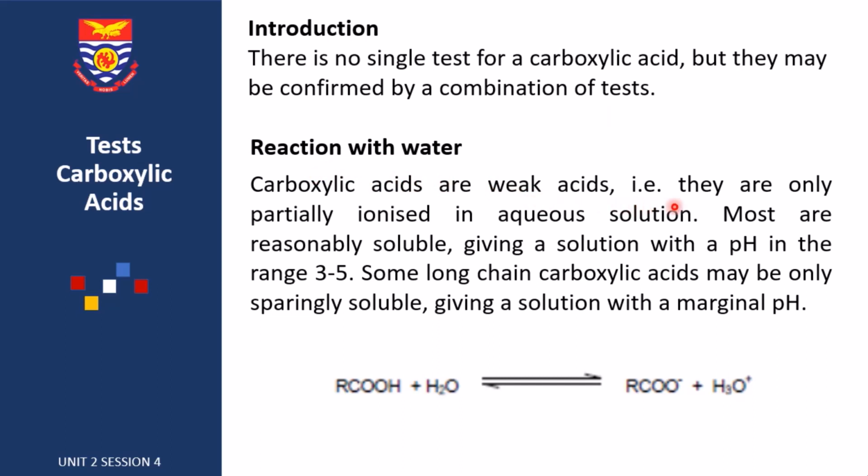So as such, they are only partially ionized in aqueous solution, and most are reasonably soluble, giving a solution with a pH in the range of 3 to 5, right? And then the long chain carboxylic acids only give a marginal change in the pH. That's slightly different from this. Other than that, they mostly have a pH around 3 to 5.